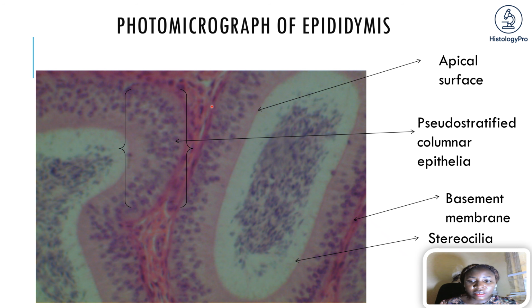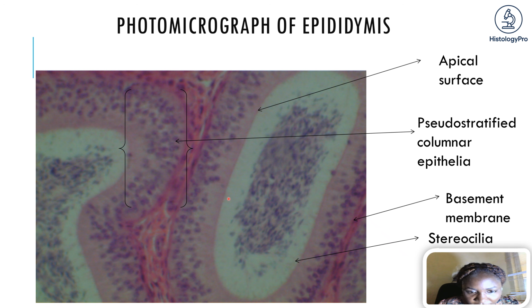This is the basement membrane, where the cell rests on, and this is the apical surface, the free surface. Then we can see the nuclei are located at different levels, which makes it appear to be stratified or multilayered, but they are not.